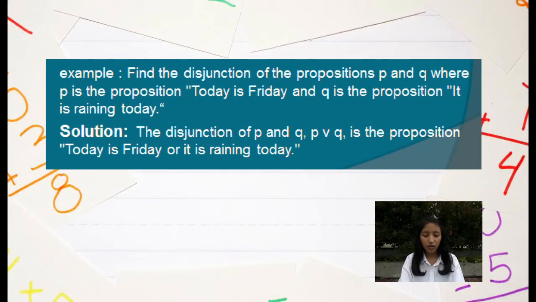Example: find the disjunction of the propositions P and Q, where P is the proposition today is Friday, and Q is the proposition it is raining today. Solution: the disjunction of P and Q, P or Q, is the proposition today is Friday or it is raining today.